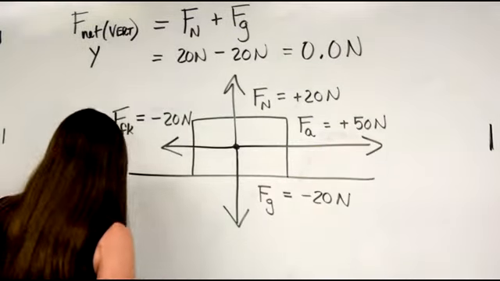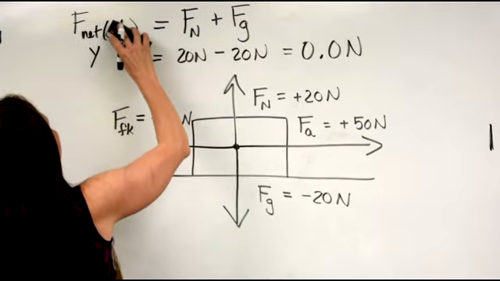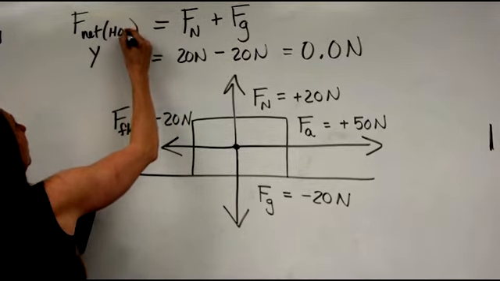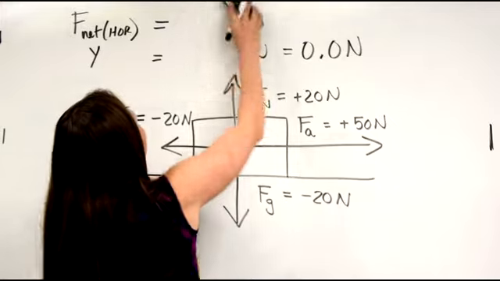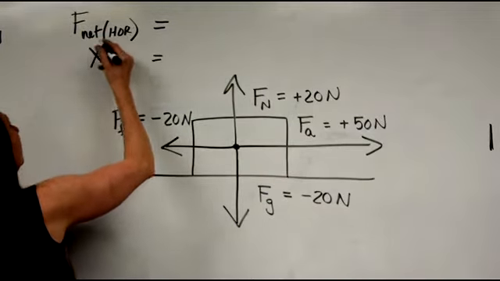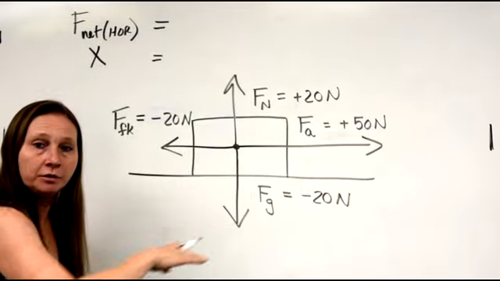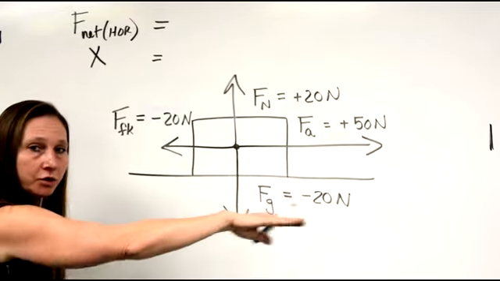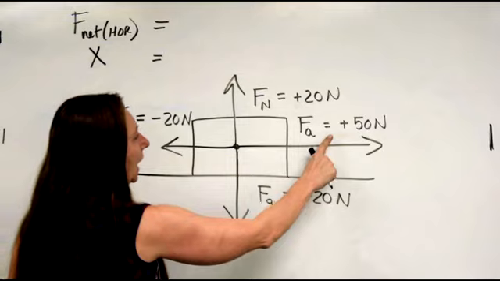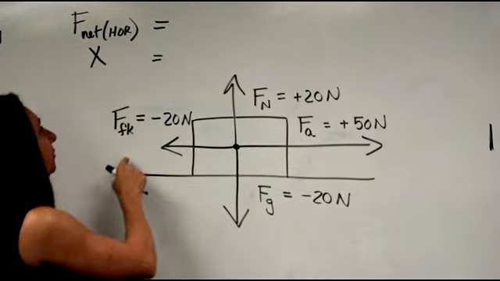All right? Now, what about our net horizontal force? Your horizontal, generally speaking, horizontal is denoted with the letter X, just like on a graph. On the axes of a graph, horizontal is X, vertical is usually Y. You're going to add FA plus FFK, in this case FFK.